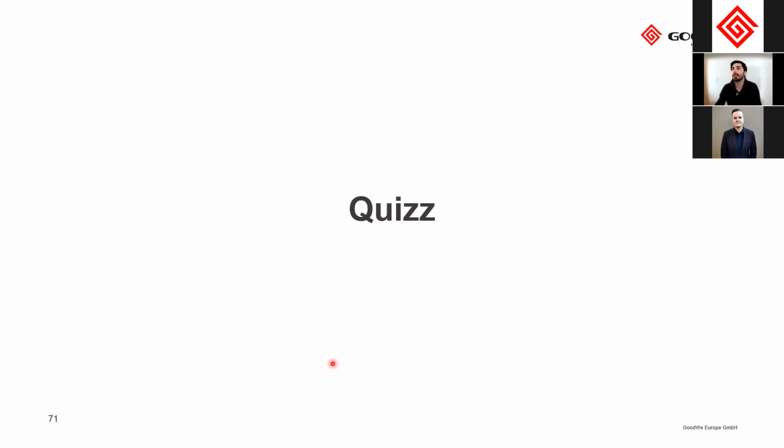So now for our last quiz, and then in case you have any questions. So to which GoodWe monitoring device can a weather station be connected to? I think I just mentioned this one. And what's the GoodWe monitoring portal called? I hope you know this. This is also where you need to have an account if you want to be a GoodWe Plus installer.